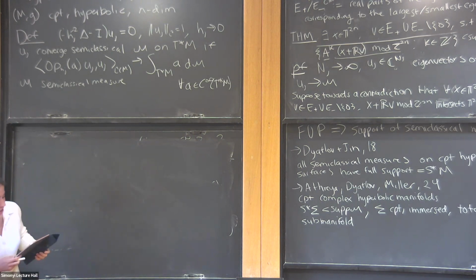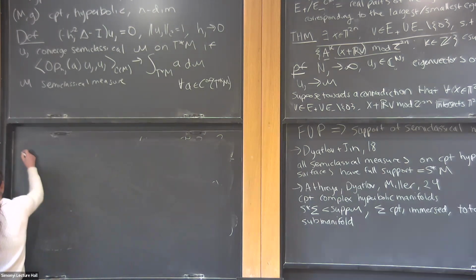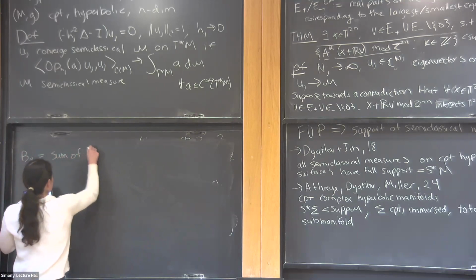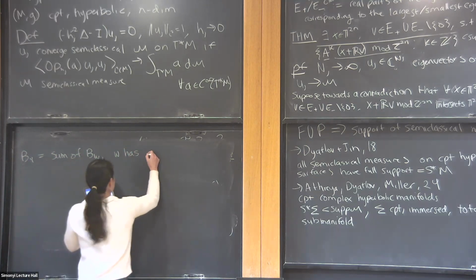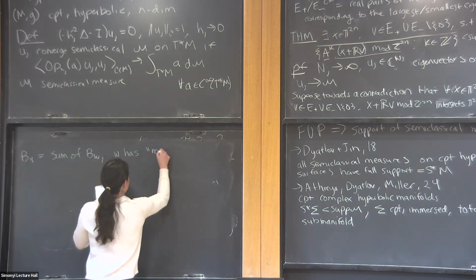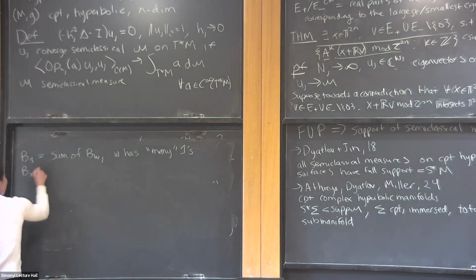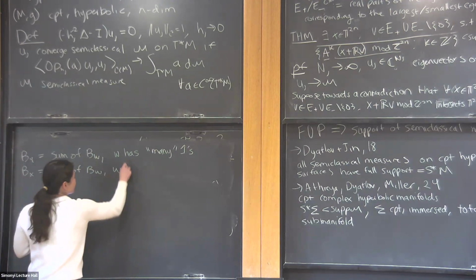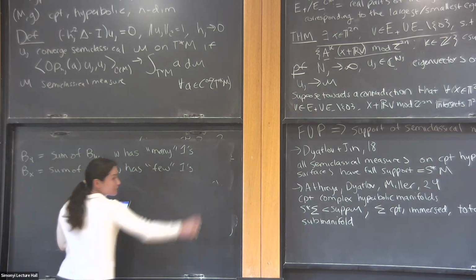Okay, so the last thing that we need to do is we are going to sum up all of our B_W operators. So very loosely, I'm going to let B_Y equal the sum of our operators B_W, where W is a word with many ones, and B_X is going to be the sum of B_W, where W has few ones.